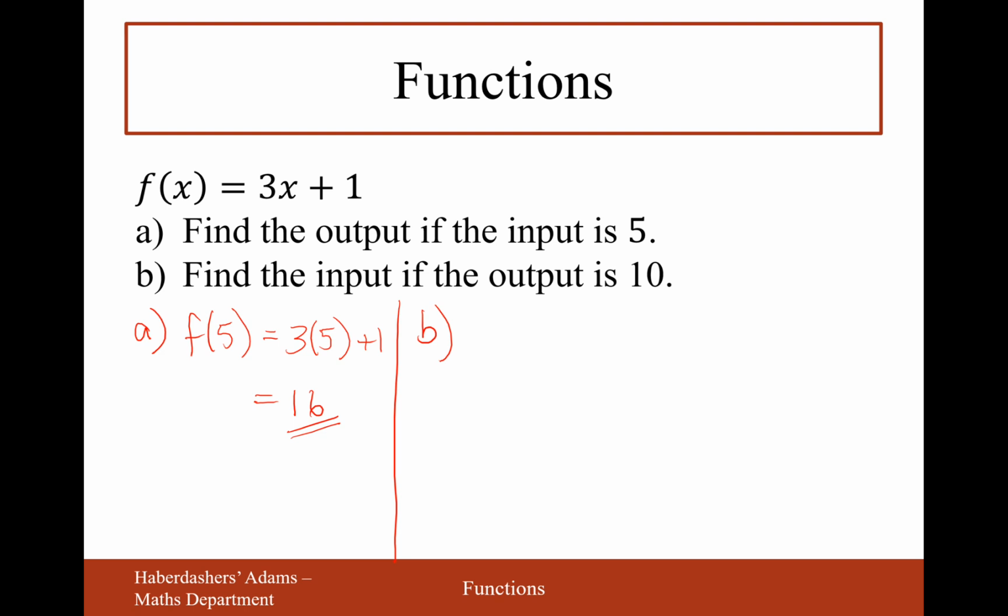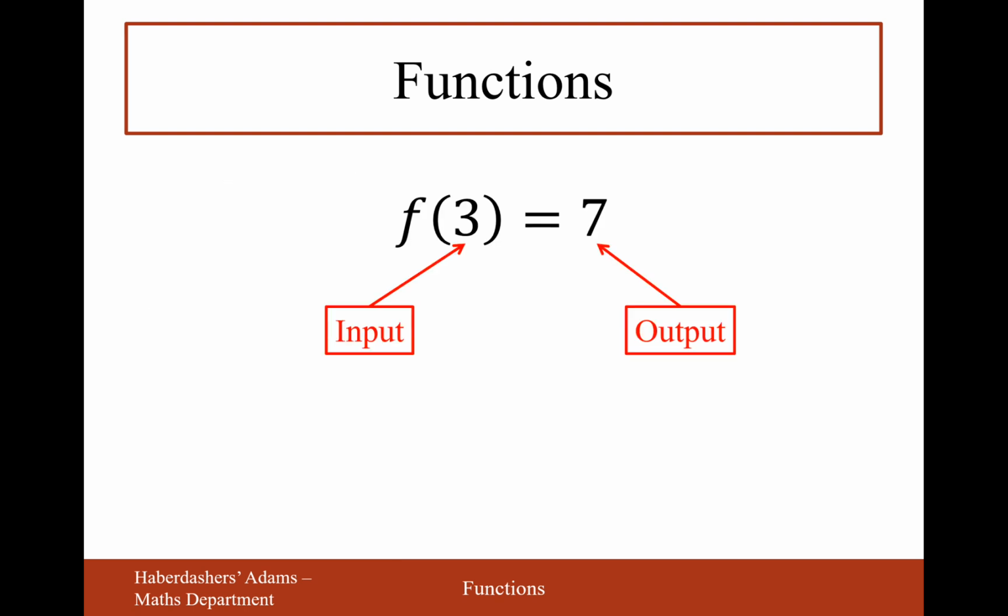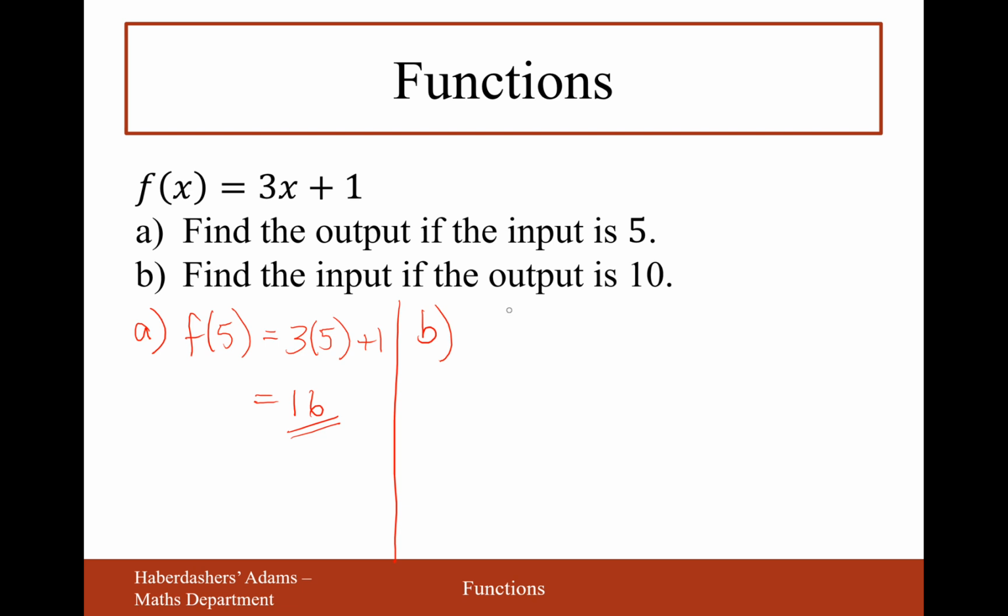Lovely. Moving on to part B now, and B is a little bit different. Find the input if the output is 10. So if the output is 10, then we need to put 10 on the other side of an equals sign. So it's going to be the function 3x plus 1 equals 10. And now we need to work out what x is. X is the input letter. X equals input.